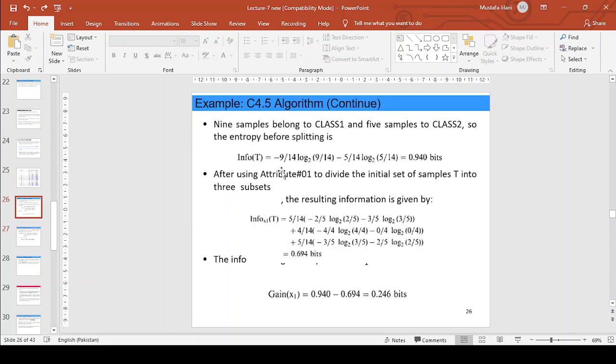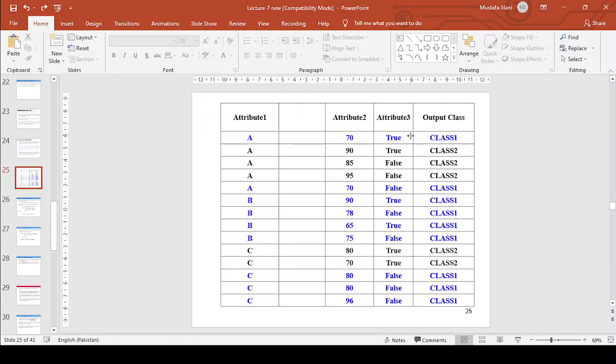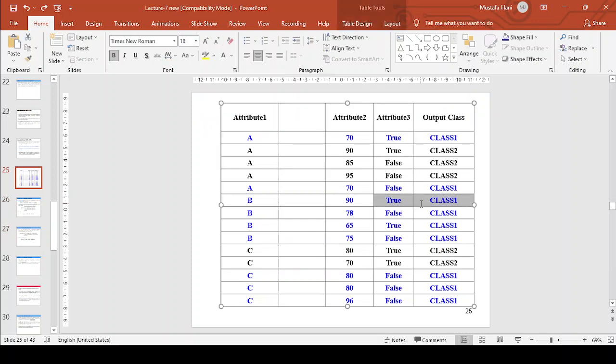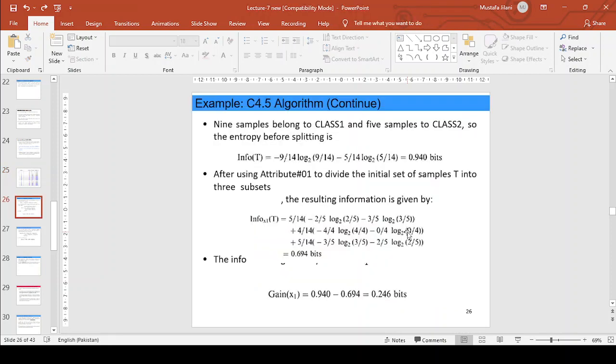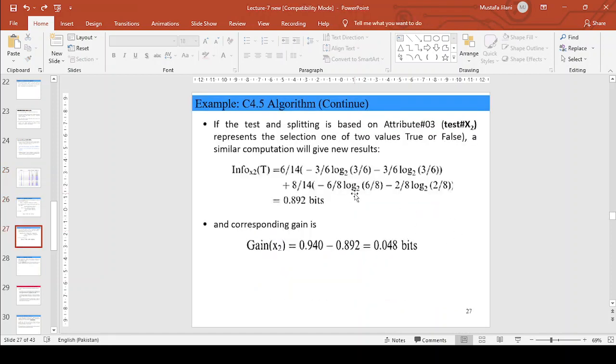Out of 6 true, if I go here, true blue, true blue, true blue. So 3 out of the 6 true belong to class 1, and the remaining 3 which are true belong to class 2. This is just counting the observations in each subcategory, and we can see the information contained in x2.